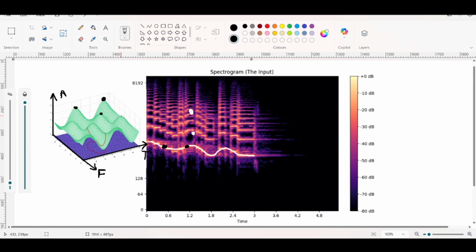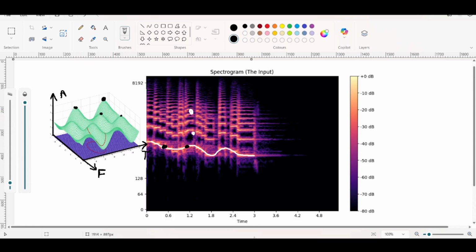There is a high probability that these maxima will only be the main audio signal and not the noise. All right, this process of converting this spectrogram into these dots, the plot of dots, is known as constellation mapping.